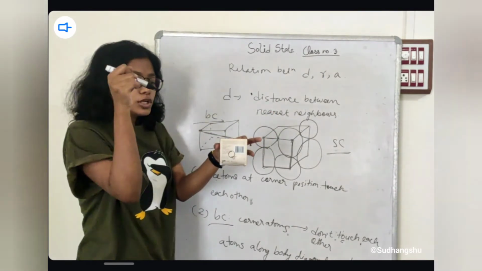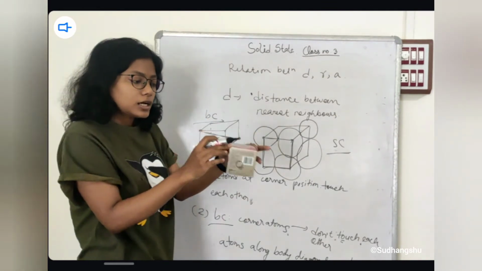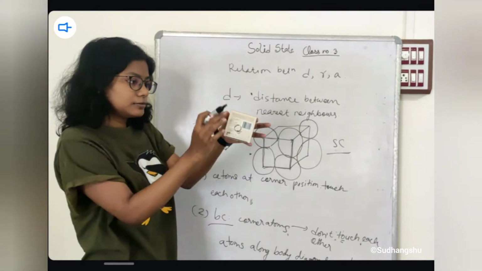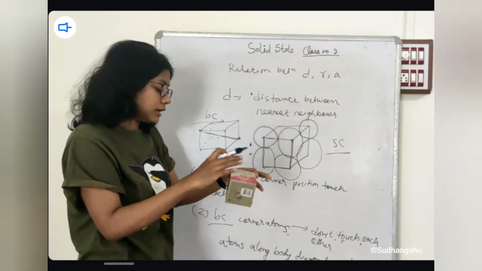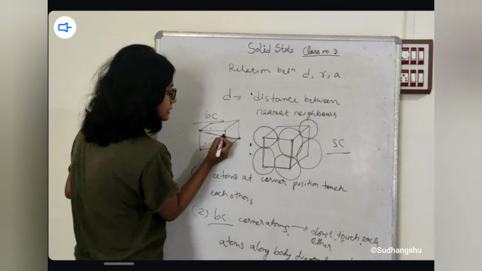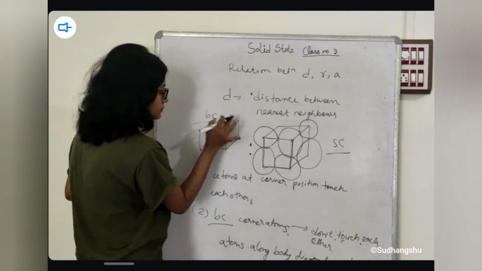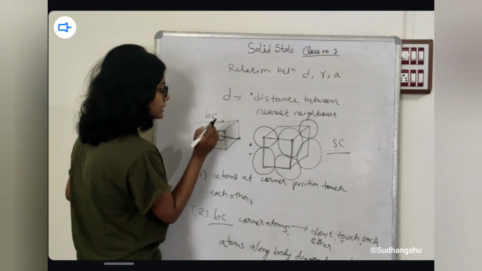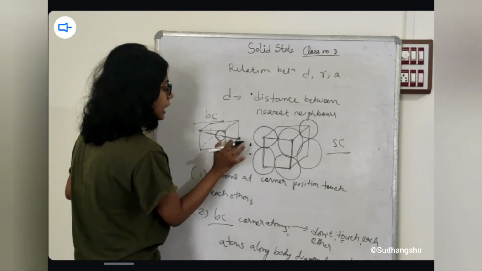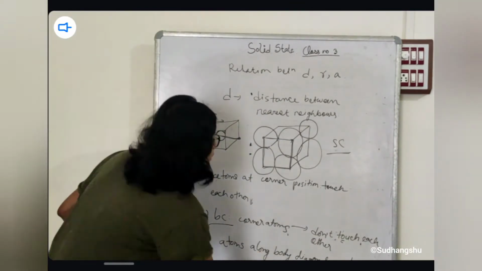It runs throughout the cubic unit cell. The atom at the center of the cubic cell, the body center, will lie on this line. So atoms along the body diagonal touch each other.